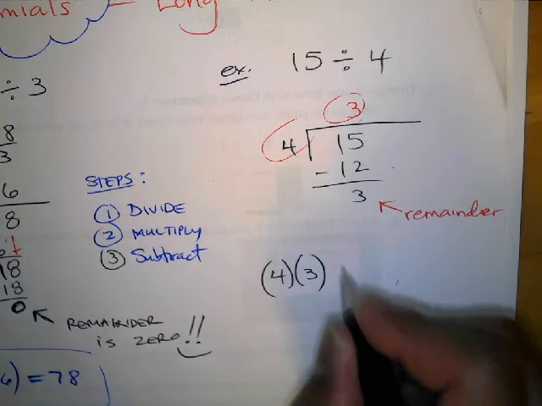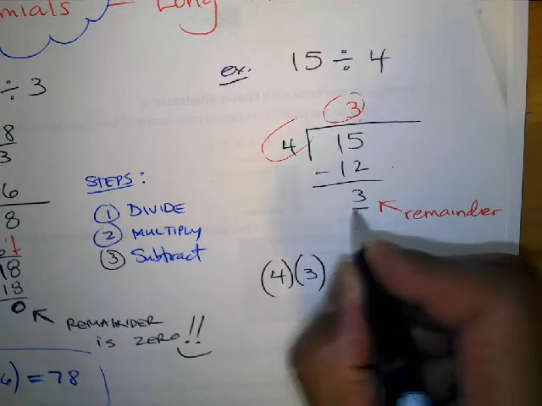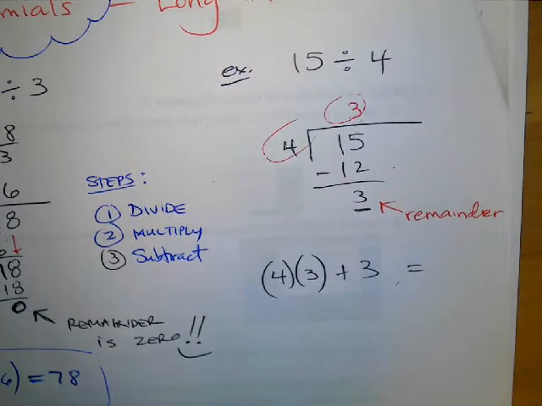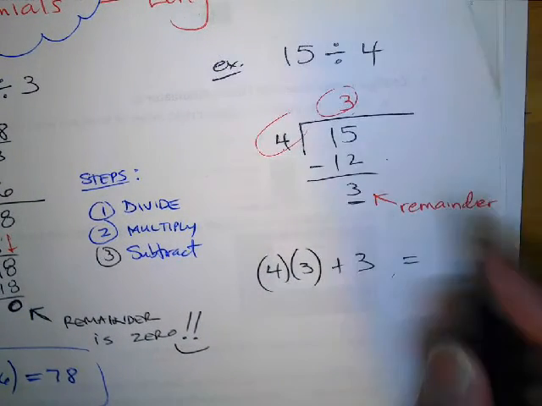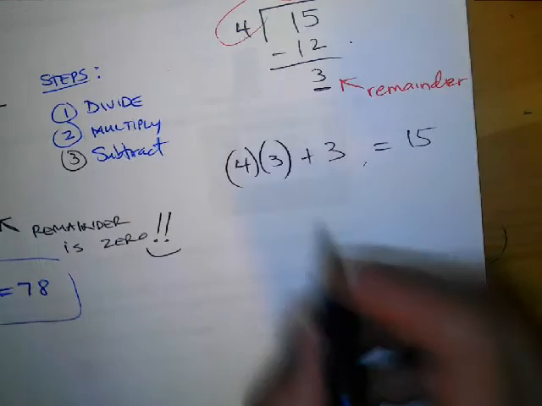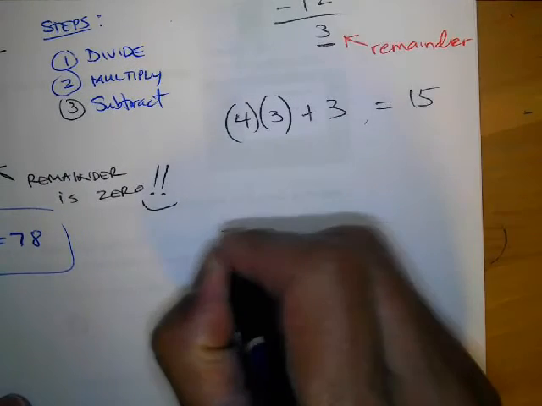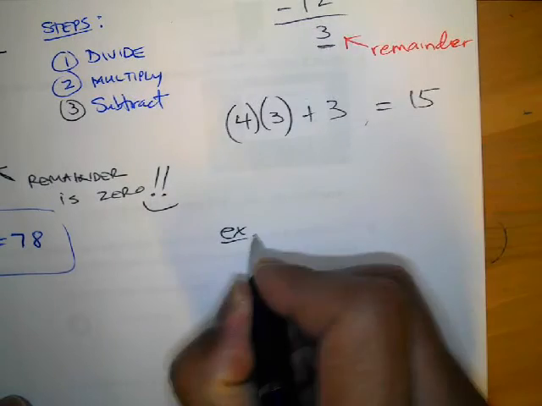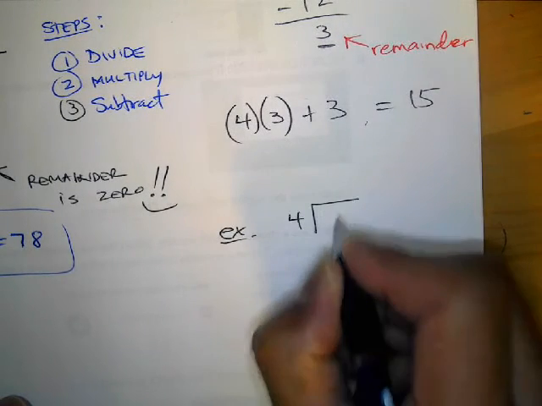Well, 4 times this 3 plus the remainder 3 here is equal to 15. Let me do a simpler one here, because the two 3s are a little confusing.